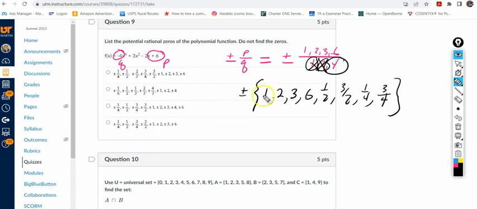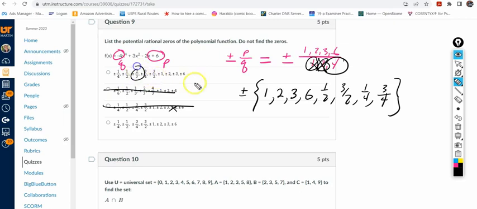Okay, so I want plus or minus 1, 2, 3, and 6. That's in the running. All right, that has the 4 in there, which should not be there. And then I need 1/4, 1/2, 2/3, 3/4, and 3/2.